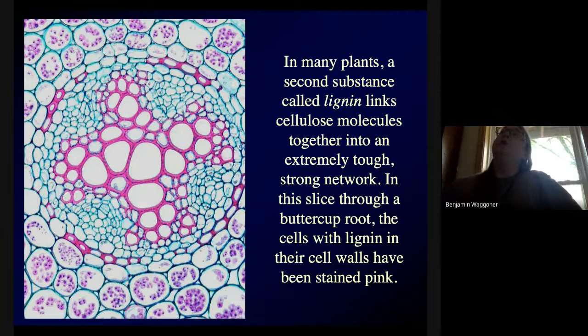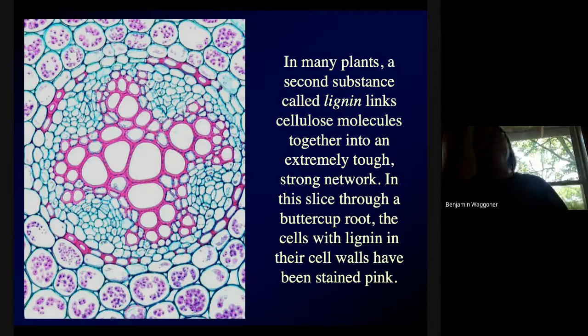If you want another example, if you've ever eaten celery and noticed that it has these stringy things in it that sometimes get caught in your teeth, those stringy things in celery are strands of xylem. There's other cells involved too, but that's why they're so tough that they hold together and can make these strings that get stuck between your teeth. Okay, so there.